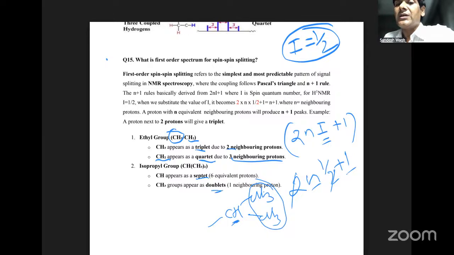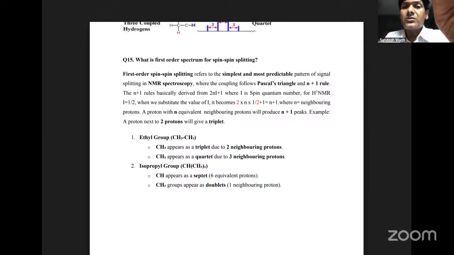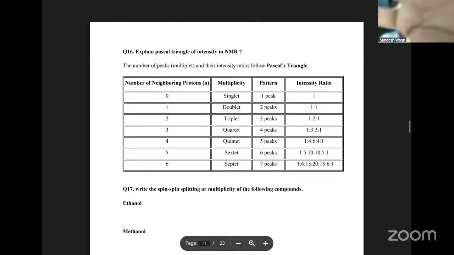So this is how to explain this. Now this is the Pascal triangle. This is interesting: as we go on adding one nucleus, the intensity ratio also goes on increasing for the spin coupling or spin multiplicity.